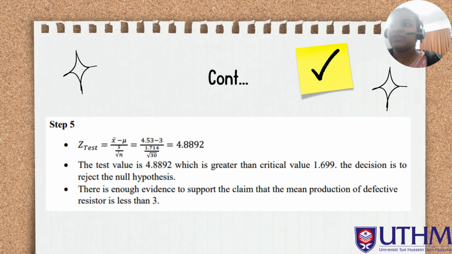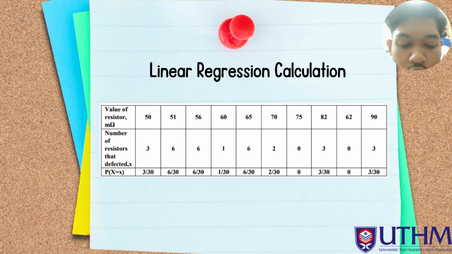So we have to reject the null hypothesis because there is enough evidence to support that the mean production of defective resistors is less than 3 in that company. So I will explain the linear regression calculation.